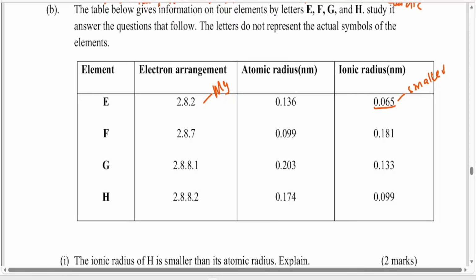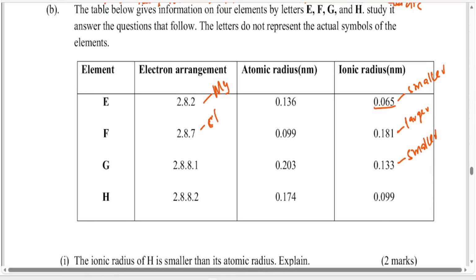F is 2, 8, 7. 2, 8, 7 in the periodic table is chlorine, with atomic radius of 0.099 and ionic radius of 0.181, and this is larger. The ionic radius is larger than its atomic radius. Then we have G, which is 2, 8, 8, 1, atomic radius 0.203, ionic radius being 0.133, and this ionic radius is smaller than the atomic radius.